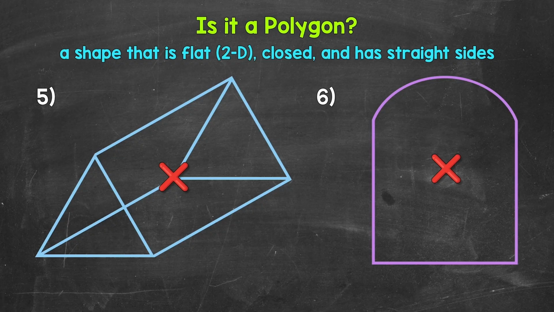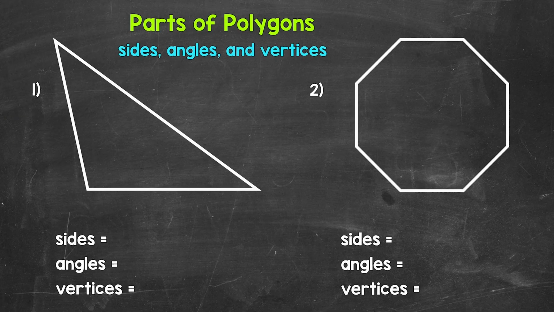Now that we know what a polygon is, let's move on to some important parts of polygons. Now let's take a look at 3 important parts of polygons: sides, angles, and vertices. Now remember, a polygon is a shape that is flat, closed, and has all straight sides. All polygons have sides, angles, and vertices.